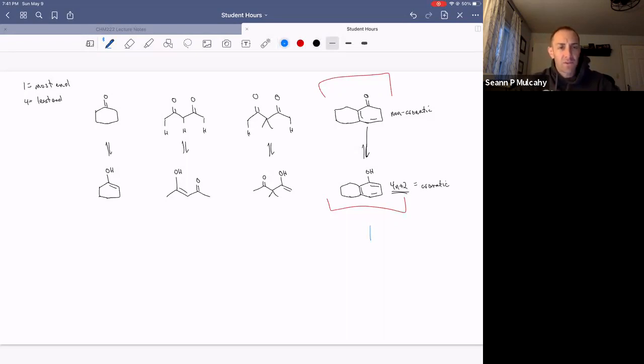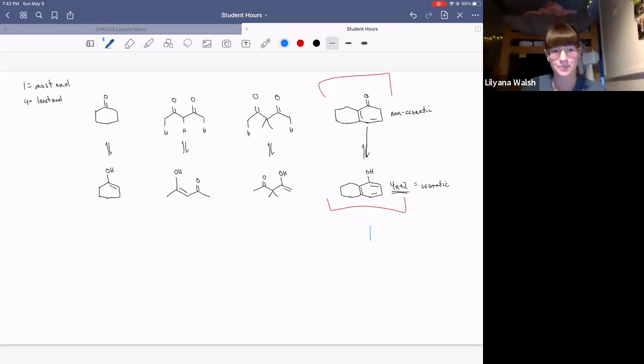Now, where else do we have enolizable protons that are actually pretty stable? The second molecule. What about the second molecule? There's resonance.